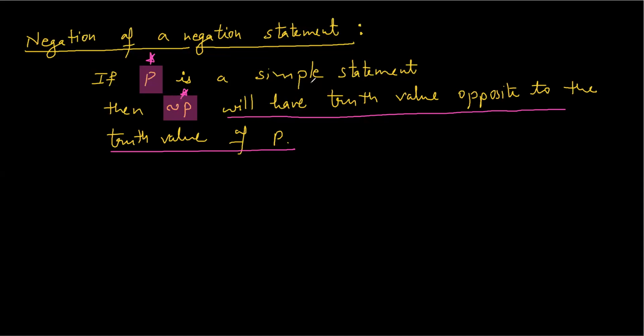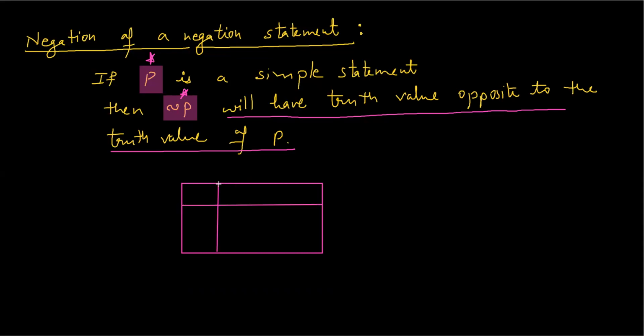So that we can learn from the truth table. Let me have a truth table here, and I write P and negation P. Suppose P is true.